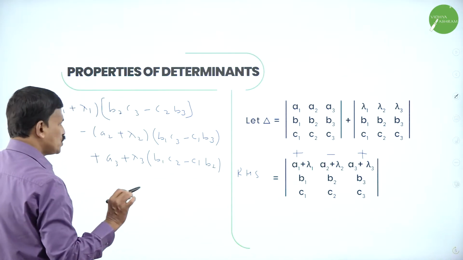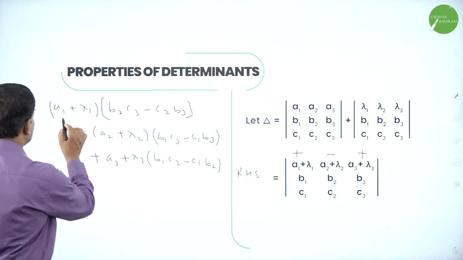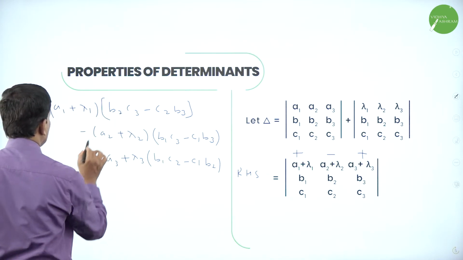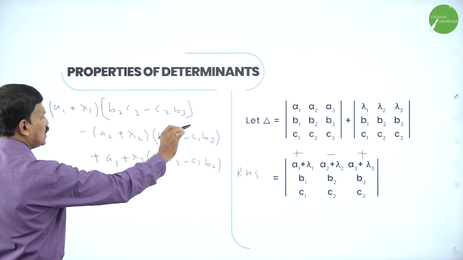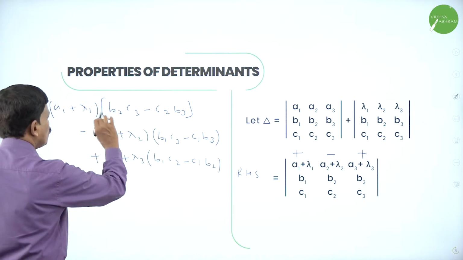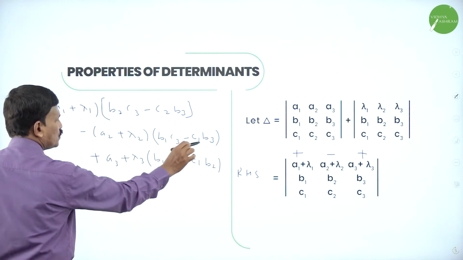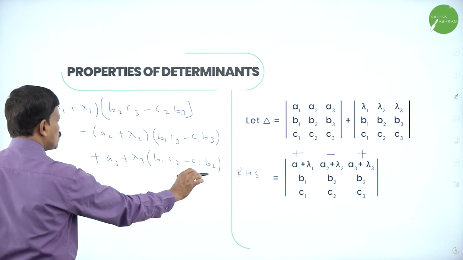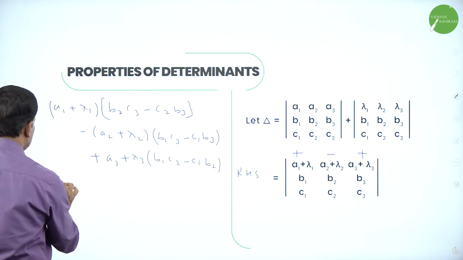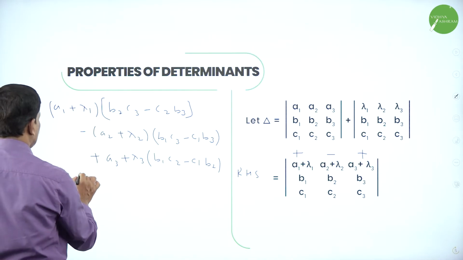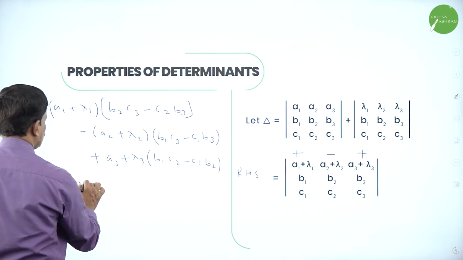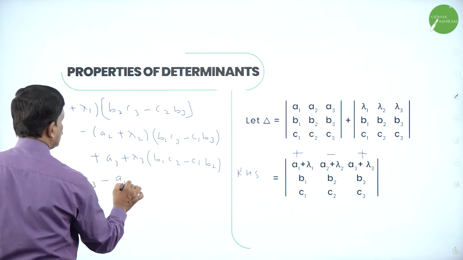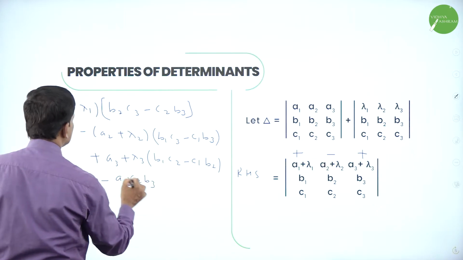While expanding, first multiply A1 with all the elements, then lambda 1 for this, multiply with A2 for these two elements, then lambda 2, again A3 with these two elements, and with the lambda 3. Let me take A1 first. A1 into B2 C3 minus A1 C2 B3.